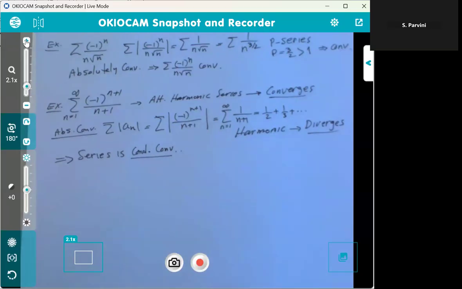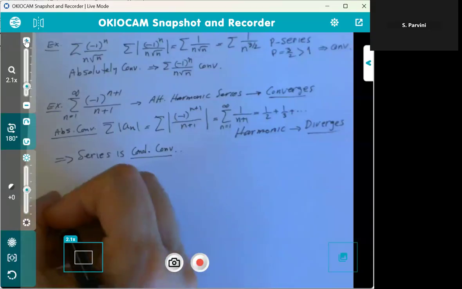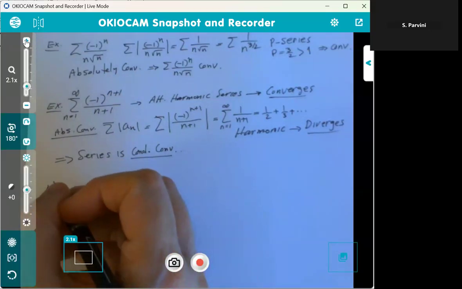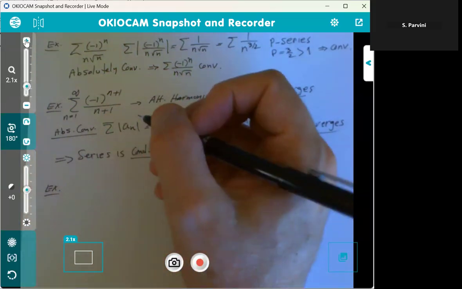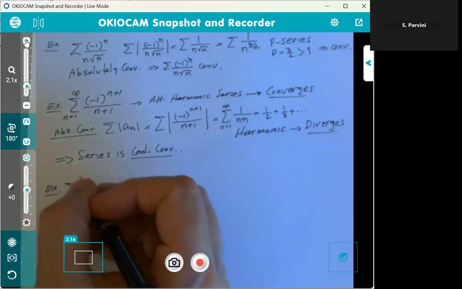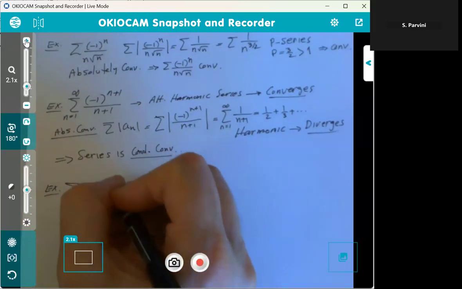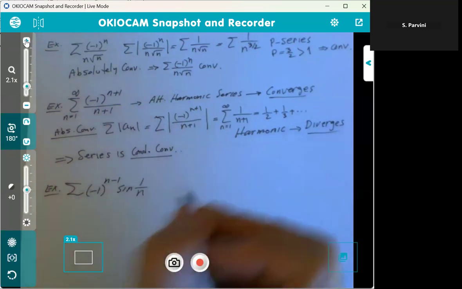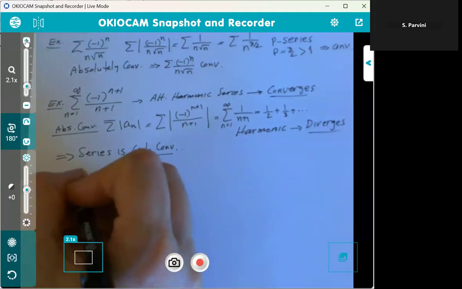Let's take a look at another one. For this next one, let's see, something that will be interesting to do. Let's take a look at something that has a sine function in it. So we have (-1)^(n-1) times sine of 1 over n, from 1 to infinity again.